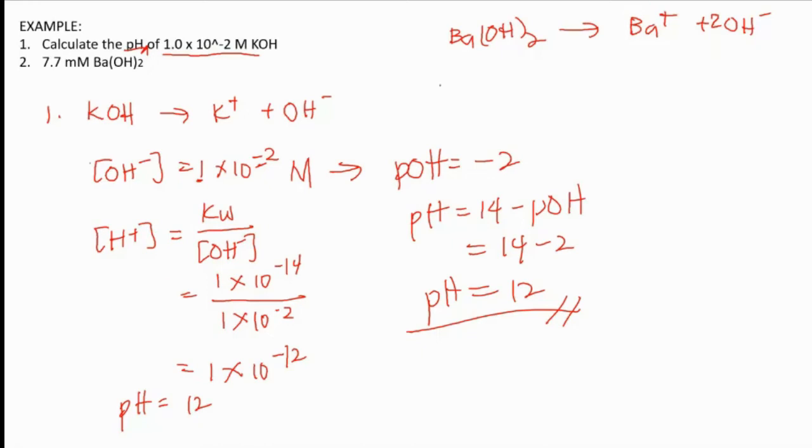So, this is 7.7 millimole. Nakamillimole yon, so convert na natin siya into molar. Yeah? So, this is your barium hydroxide. Ano nga ulit concentration ni hydroxide? So, multiply natin ng 2. Okay? Anong answer?